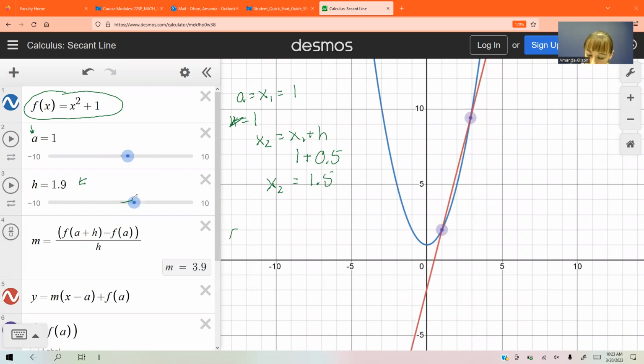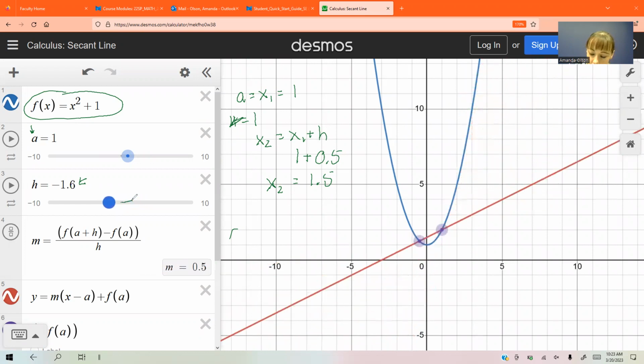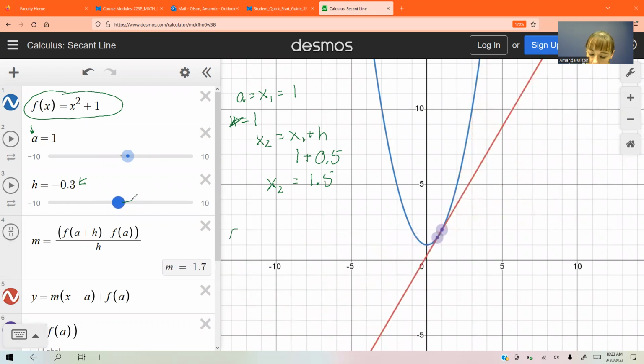Okay, so I've kept this first one consistent. x is 1, y is 2, and then for this other point, I'm increasing or decreasing my h value to see how it compares. And then this automatically creates the graph of the secant line. But what really seems to lie tangent to the curve is right when you have your h being 0.